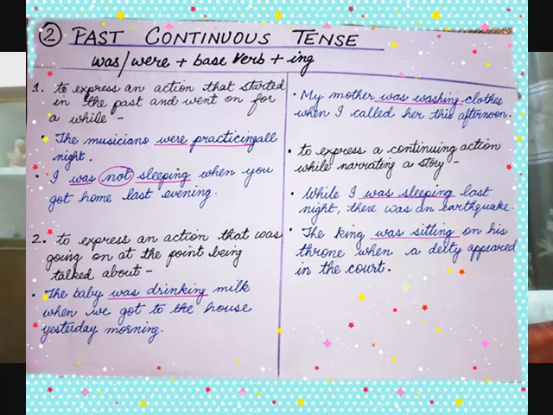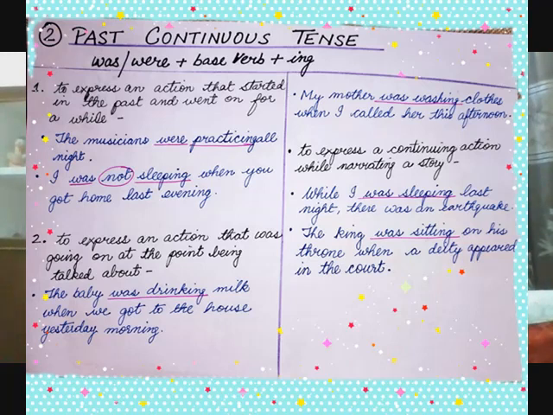Now the third usage is to express a continuing action while narrating a story. Continuing means which goes on. We can show past continuous tense while we narrate, while we speak, or while we write a story. See the first example.